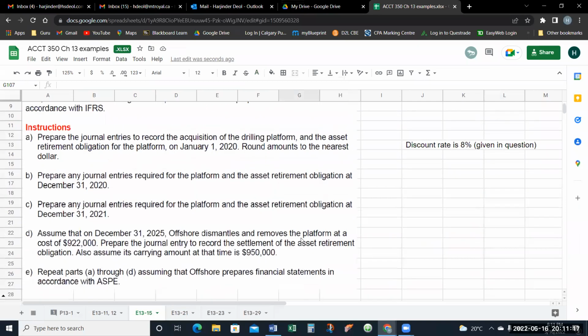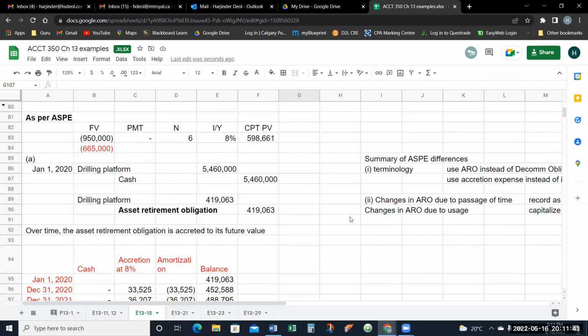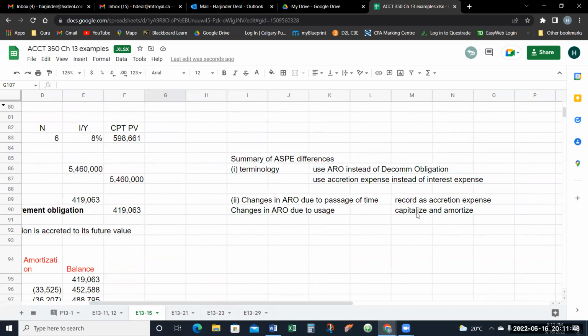Now, for the amount that we were given that's related to the production of oil, 32,328. This number, we had debited inventory under IFRS, but under ASPE, the amount actually gets capitalized to the cost of the asset. So the asset here is the drilling platform. So $32,328, we are going to capitalize to the drilling platform and then amortize it over time.